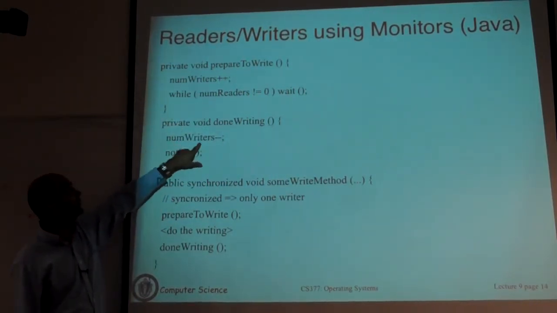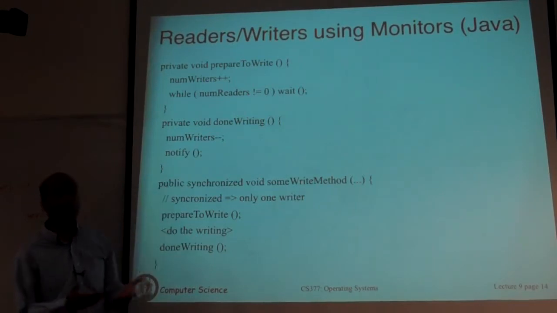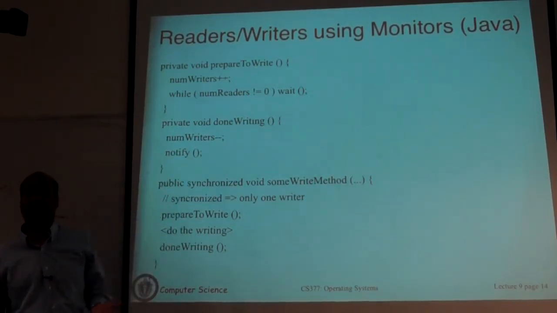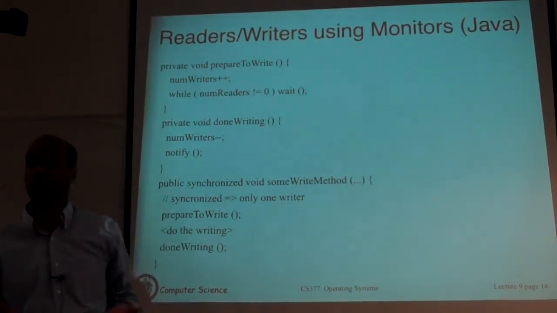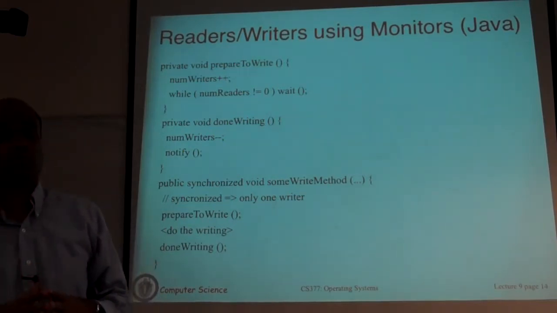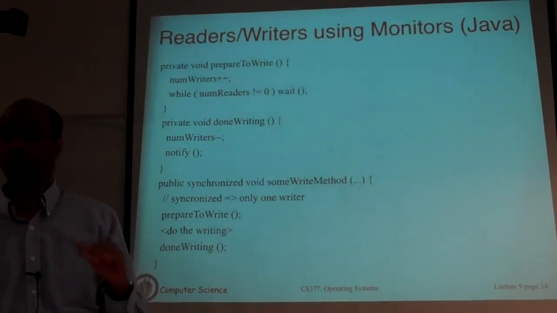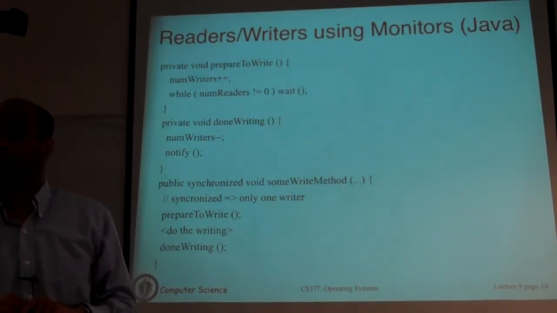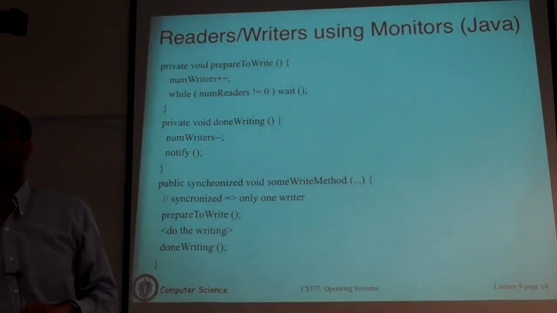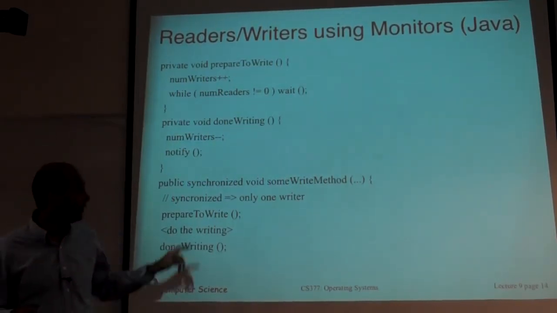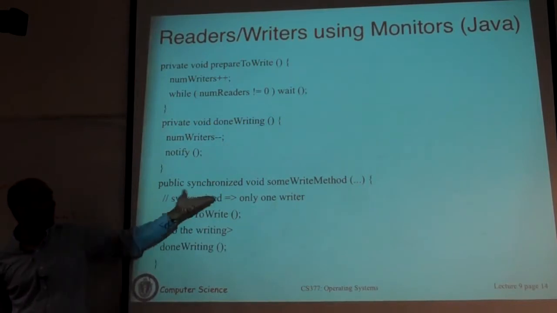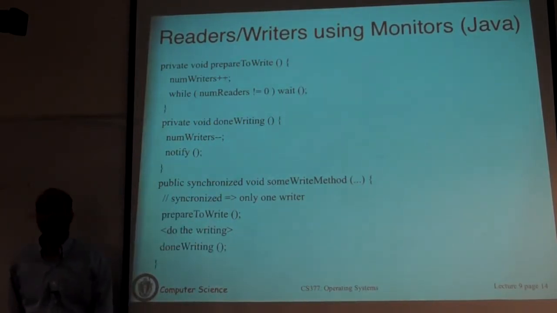Then you decrement the number of writers. Writing is done, you wake up the readers. Simple code. As you can see, by using a higher level construct, your job is simplified. In particular, locks and so on are built in, you just use synchronized.